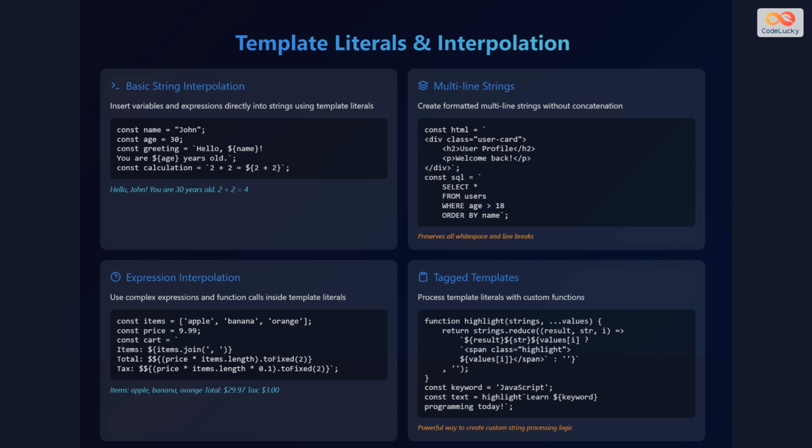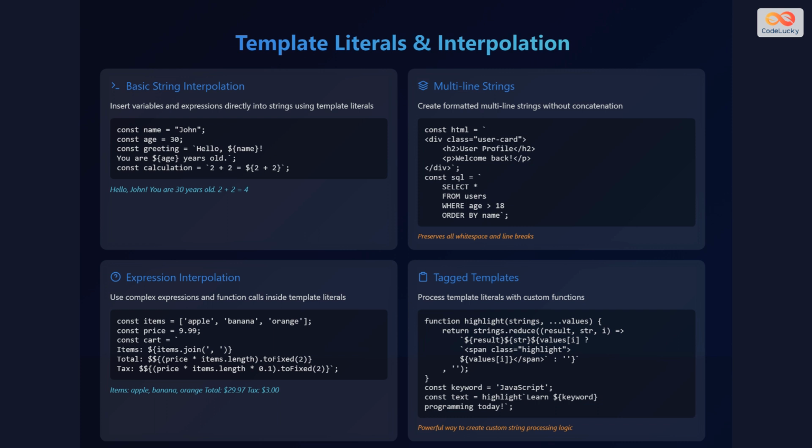Template literals allow for expression interpolation, which means you can use complex expressions and function calls inside template literals. Const items = ['apple', 'banana', 'orange']. Const price = 9.99.